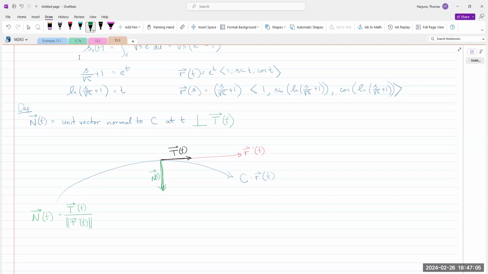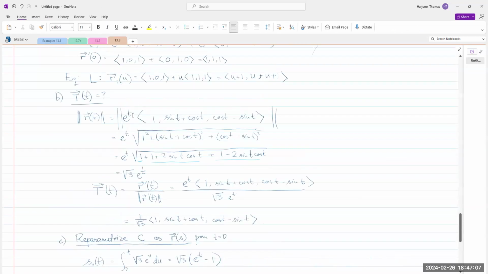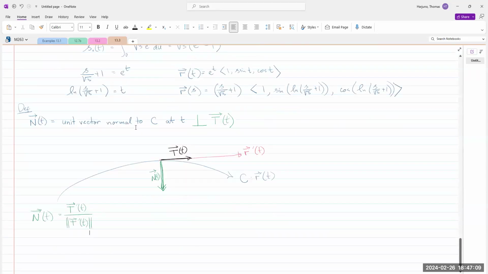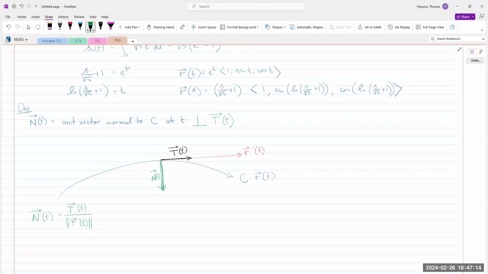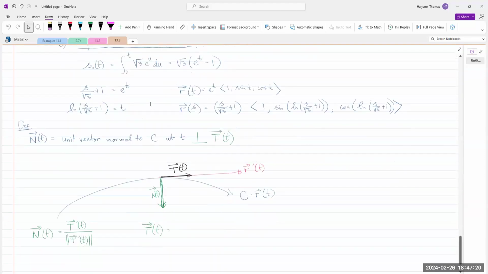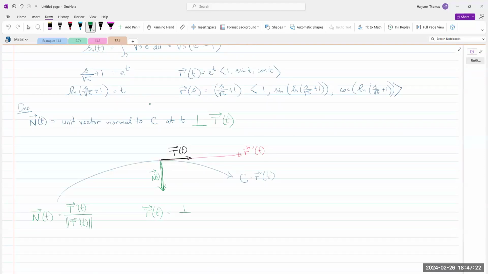Okay. So if we go back, we already have the T there. Our unit tangent vector we have above is what? 1 over radical 3 times (sine t plus cosine t, minus sine t).